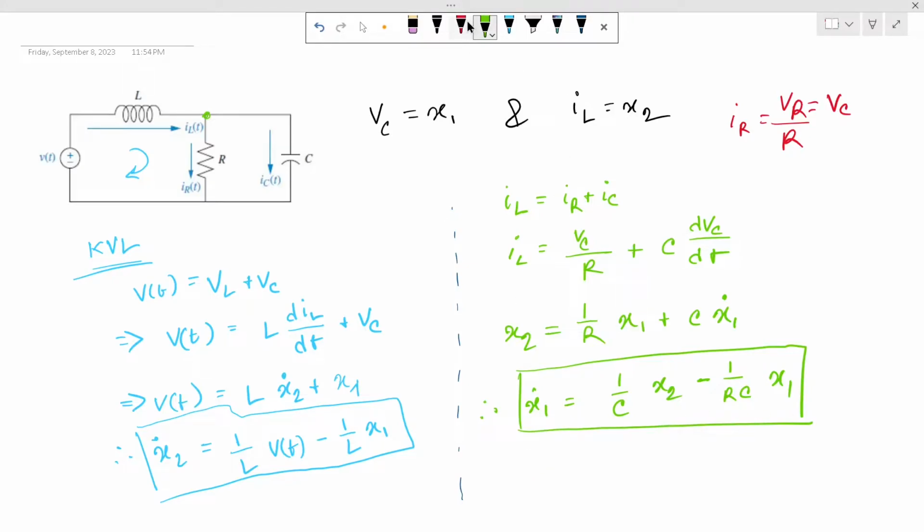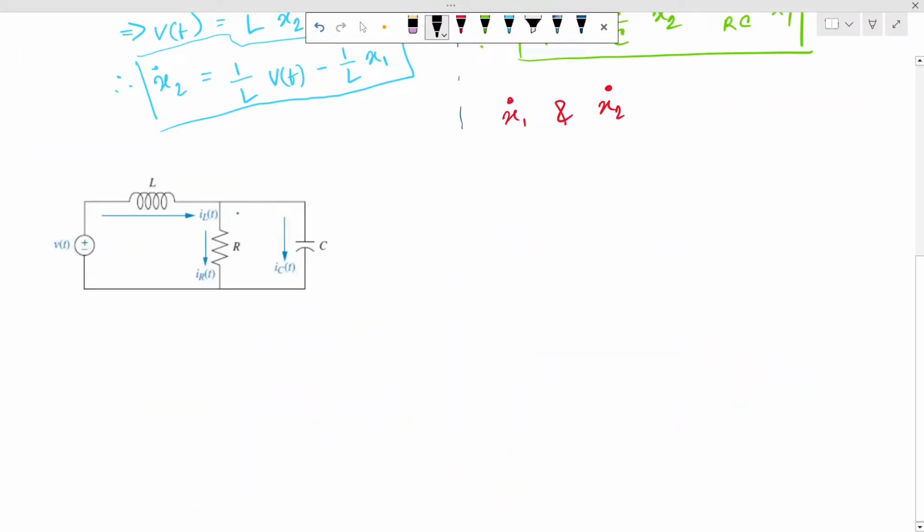So I got both x1 dash and x2 dash. Now I will take the output as IC. So I will take IC equal to Y. Now I will again apply KCL in node 1.